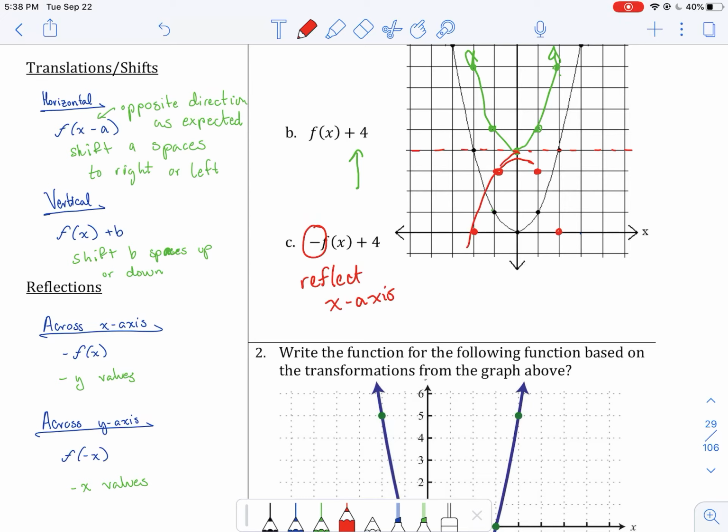And we would end up with this downward parabola like so. So you can have a couple different transformations, and you'll notice that the shape of this parabola is staying the same even if I am not the neatest grapher of all time.